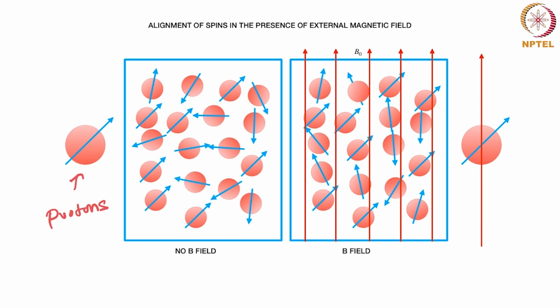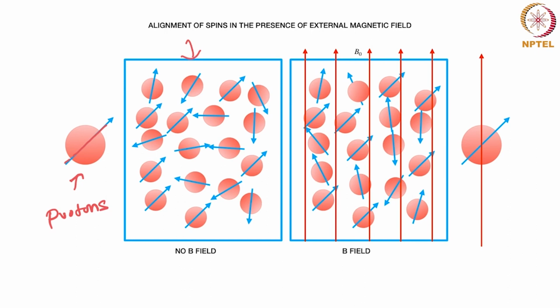You can think of it as like a compass pointing along a particular direction. That's what is indicated here, and the direction it points is the direction of the magnetization induced. When there is no static magnetic field, all these are randomly aligned, leading to a net magnetization of 0.